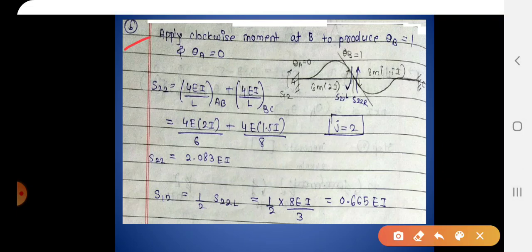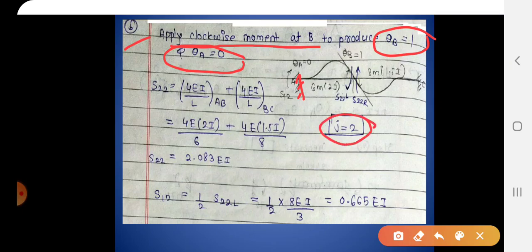Our second redundant is theta B. To produce theta B equal to 1, we have to apply a clockwise moment at B, and of course other displacements should be equal to 0, therefore the A end will become a fixed support. Now J is equal to 2. Now clockwise moment at B for span AB, clockwise moment for span BC.